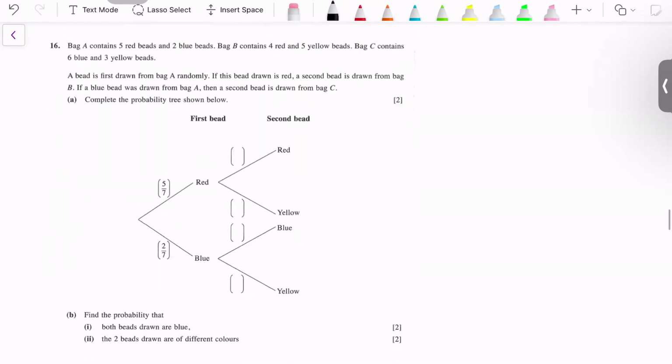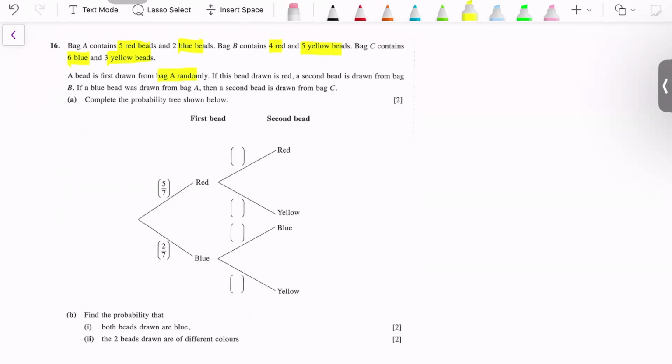Next, question 16. Bag A contains 5 red beads, 2 blue beads, while bag B contains 4 red and 5 yellow. And bag C contains 6 blue and 3 yellow. So a bead is first drawn from bag A randomly.